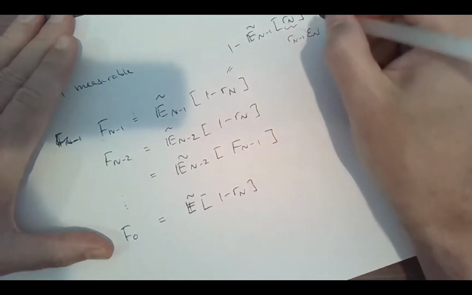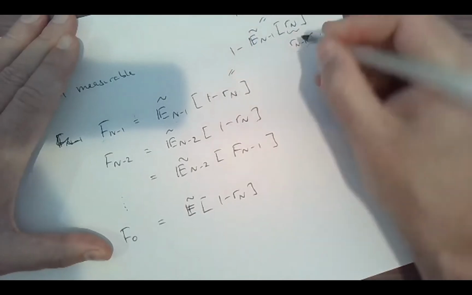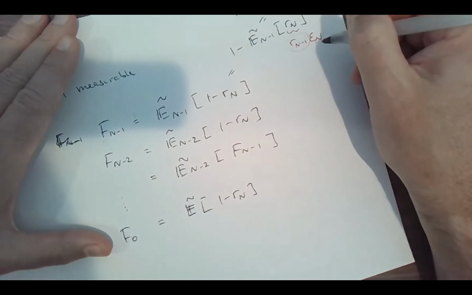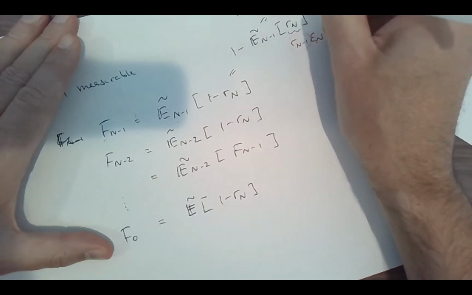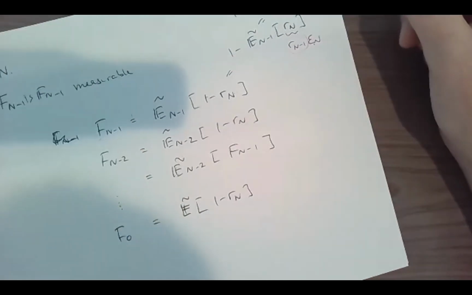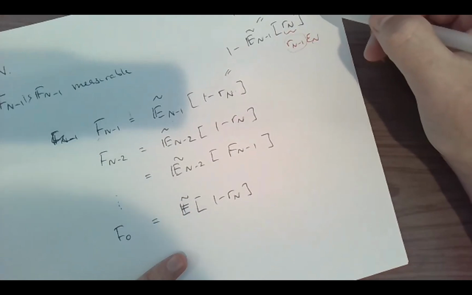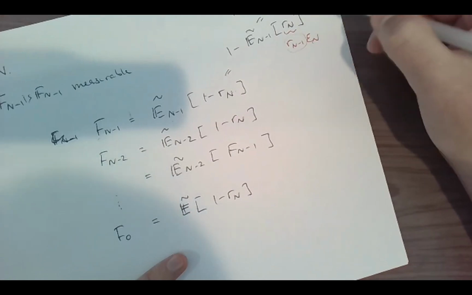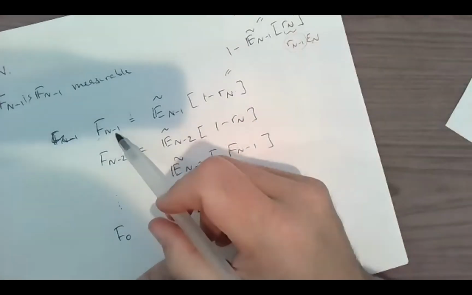So this becomes 1 minus Rn-1, and then the expectation under P tilde, is it U and D again? Probably U and D. P tilde times U plus 1 minus P tilde times D. Yeah, and then that would be 1 minus Rn-1 times (P tilde U plus Q tilde D). Okay, now I see it. So that gives you Fn-1.